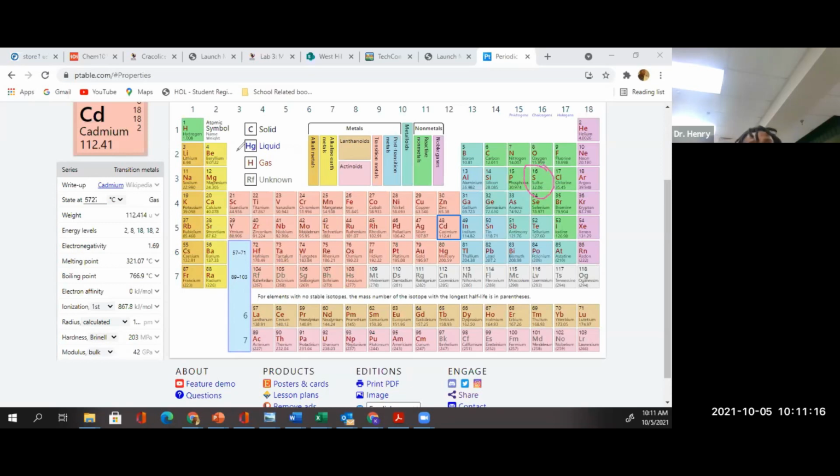Okay, so period 3, group 16. That element is sulfur, so we put an S for sulfur. Its atomic number is 16, so Z equals 16.